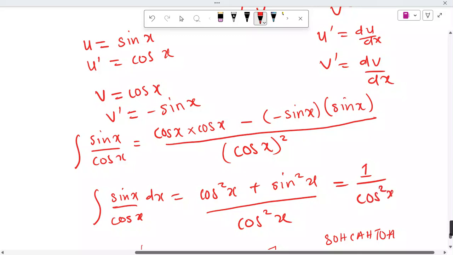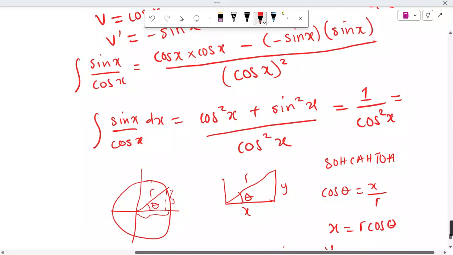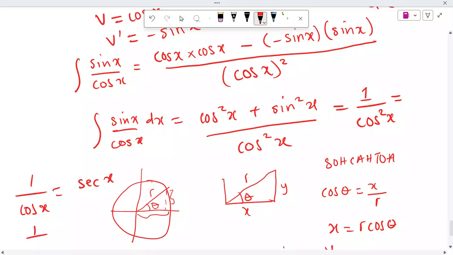over cos squared x. Again, from trigonometry, you know 1 over cos x is sec x. 1 over sine x is cosecant, so this one is cosec x.